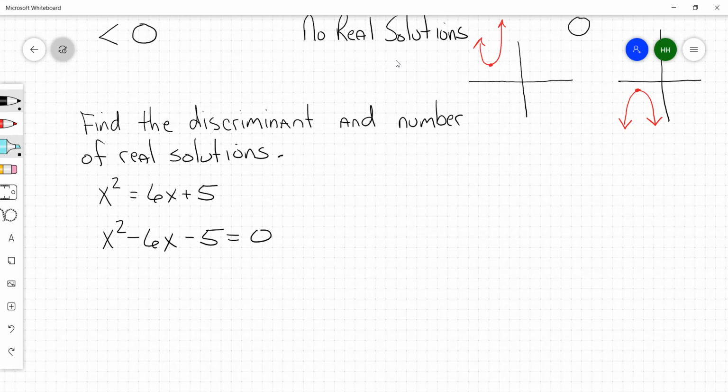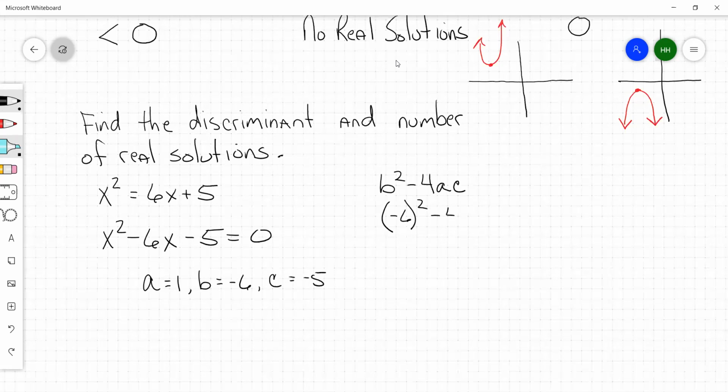Now, we need b squared minus 4ac. That's what we need. That's the discriminant. So our a is equal to 1, our b is equal to -6, and our c is equal to -5. So we're going to substitute. We got b squared, so we got -6 squared minus 4 times a is 1 times c is -5.